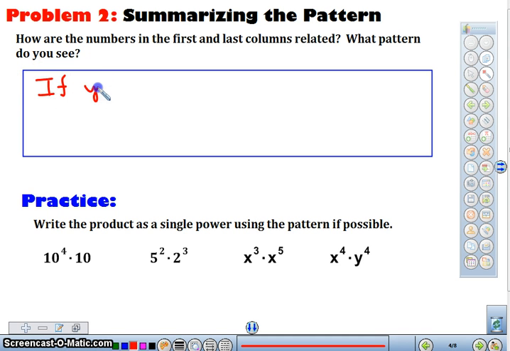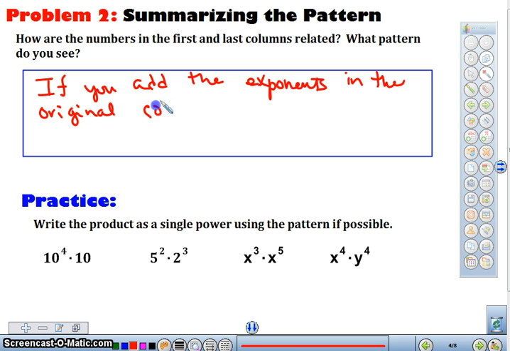If you add the exponents in the original column, you get the exponents in the last column.